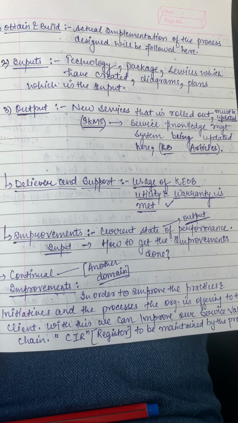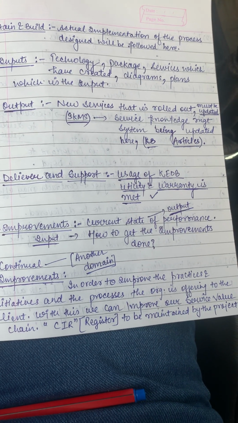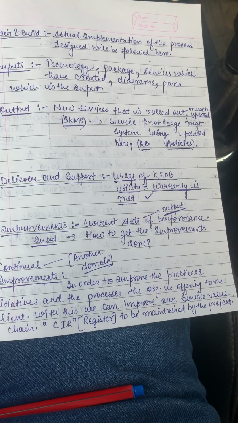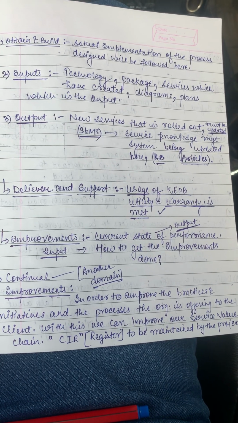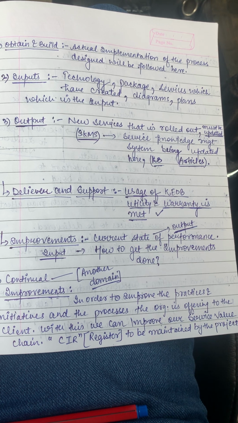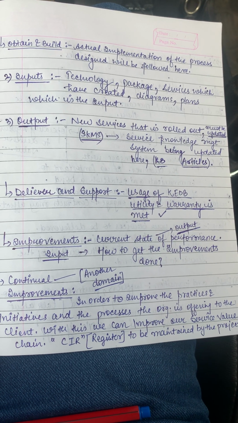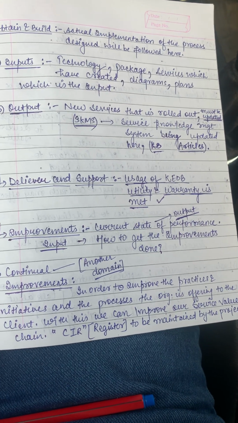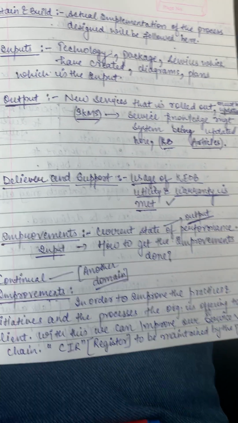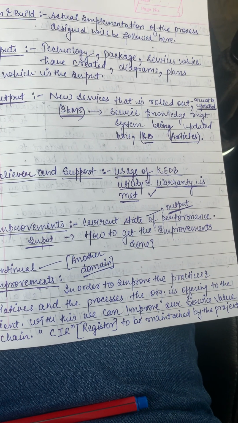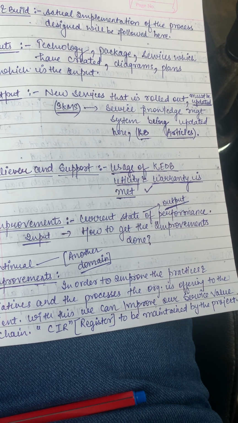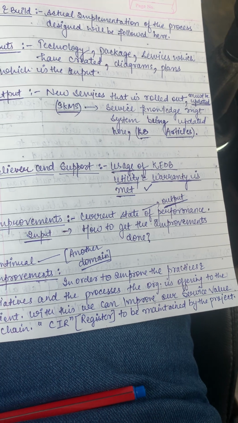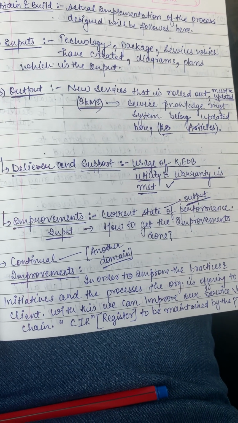In some organizations there are always projects, for example, to improve the practices and initiatives, the process the organization is offering to the client. That is the CIR register. The CIR register is nothing but a sort of database, you can say, or a file which needs to be maintained in order to track the continual improvement services.